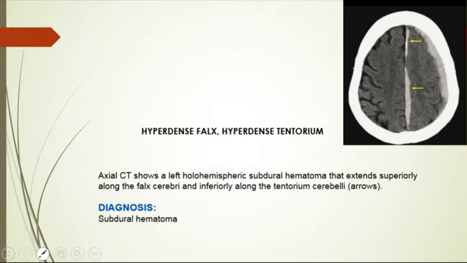So the subdural is low pressure, because it's venous in nature, while the epidural is high pressure because it's arterial in nature. So the epidural are more severe or more serious than the subdural hemorrhages.